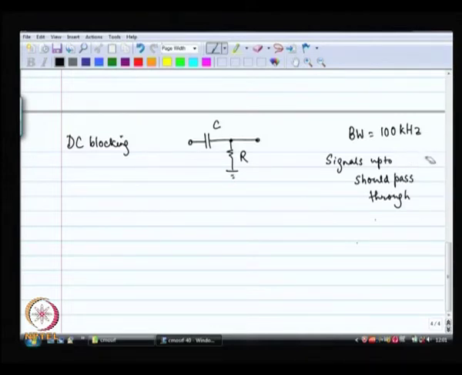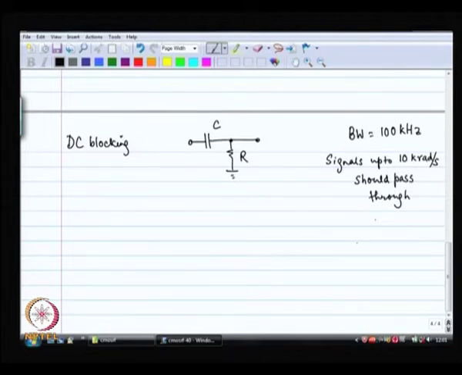Let's say instead of 1 kilohertz, I say 10 kilo radians per second. Okay, that's going to make my mathematics a little tad easier.